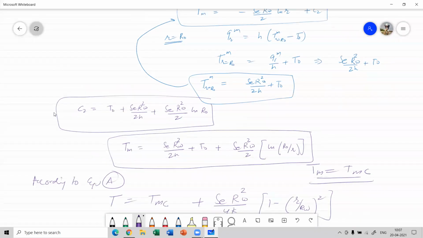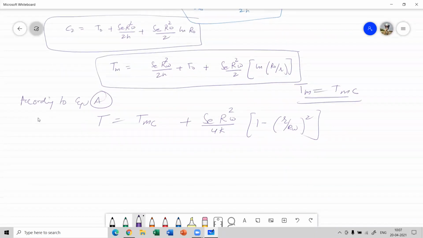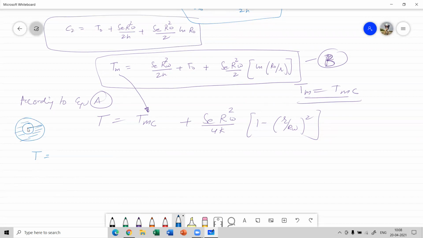So now, using equation 2, let's name it as equation B. Using equation B, Tm is equal to TMC. So we can substitute this temperature expression over here and generalize the expression of the temperature throughout the entire system, including the metal as well as the cladding. So what will be the general temperature profile throughout this entire system of wire as well as metal?